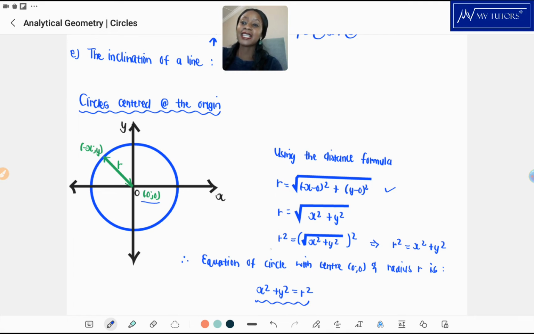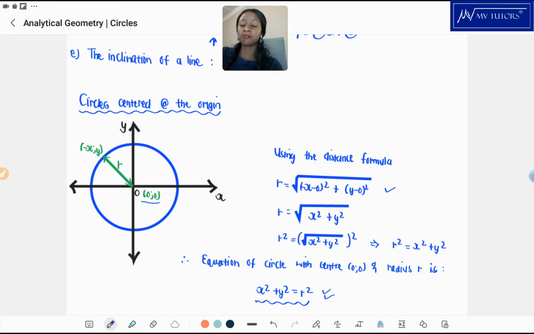At the end you're going to find that the equation of a circle with center at the origin and radius r is x squared plus y squared is equal to r squared. Guys, please don't forget this formula.